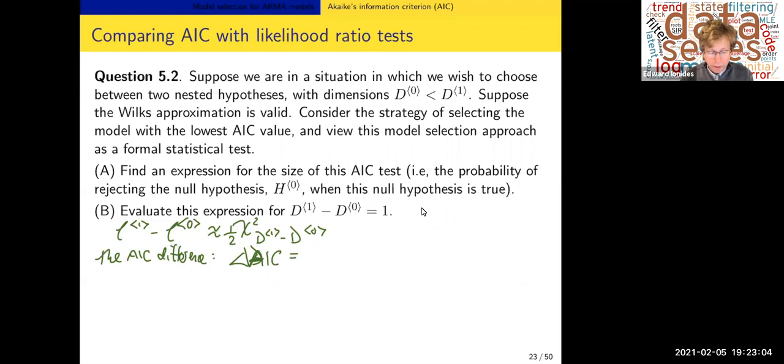AIC is minus twice the log likelihood plus twice the degrees of freedom. So that's twice L1 minus L0, minus twice D1 minus D0.